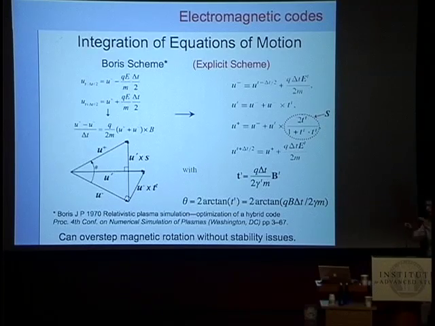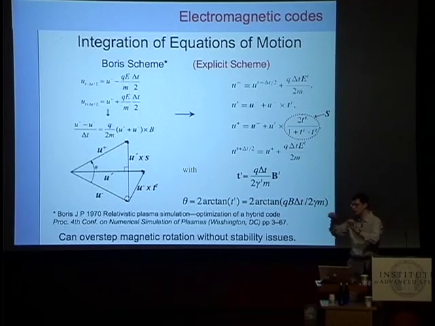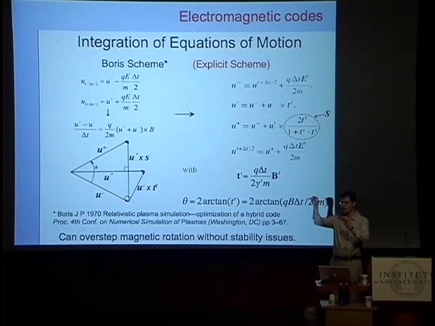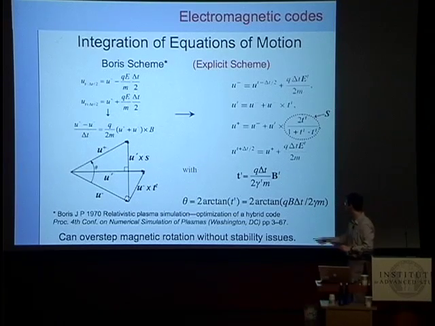So basically, if you have a particle going in a pure magnetic field and you discretize it, it will be a point here, a point there, and so forth. If you well resolve the orbit, you will have many of these points going around the magnetic field. Now, let's say you take a larger and larger time step. Then you overshoot, and you basically just have a particle going back and forth with pi over 2 in phase every time.